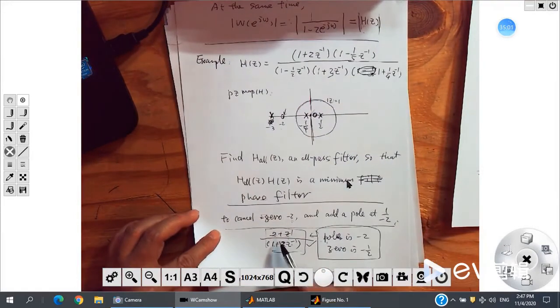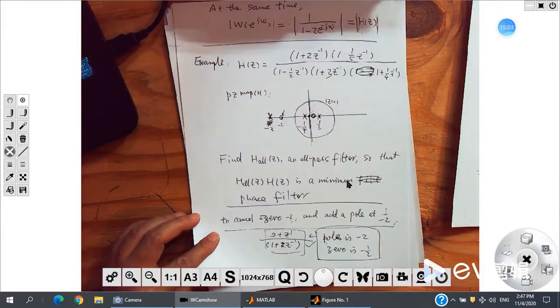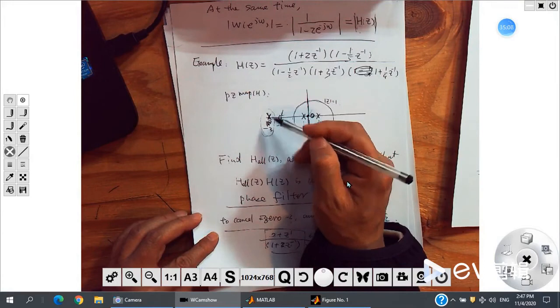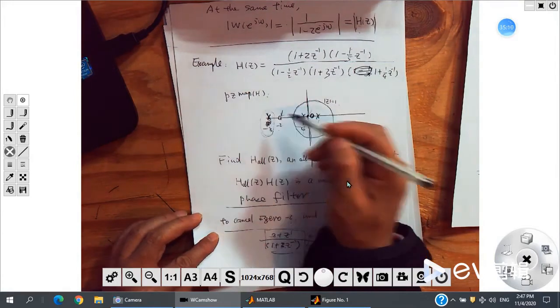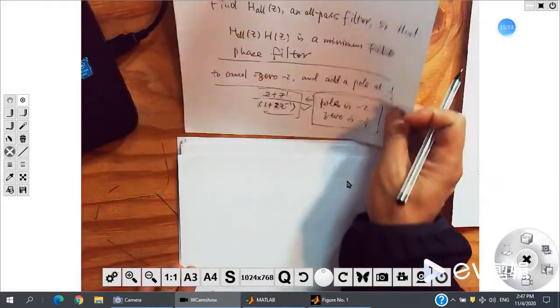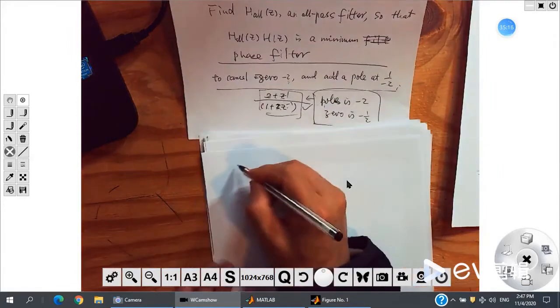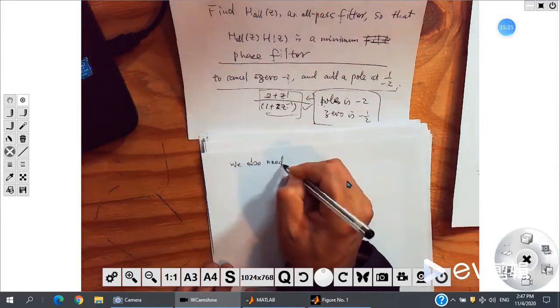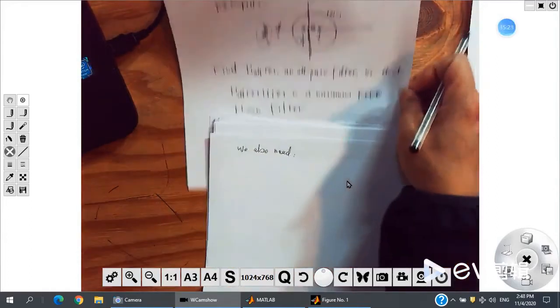So I just multiply this. I can cancel this, and I also need to cancel this one. I use all pass filters. I can cancel this one, and at the same time I add one inside. So we also need to cancel that -3.